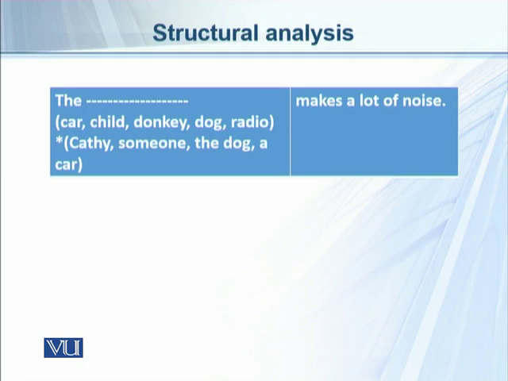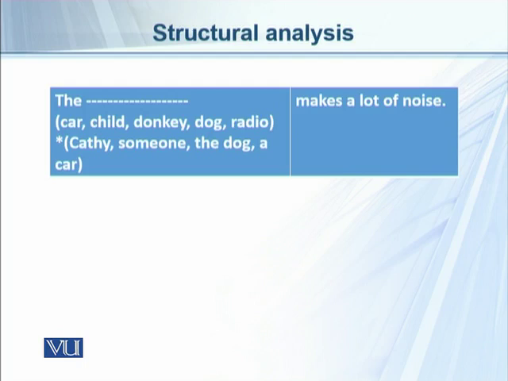Similarly, "the someone" does not fit into this frame. "The dog," we cannot bring 2 articles, "a car," nor can we bring "a car makes a lot." So with this exercise, we know what is possible to fit into this frame and what is not possible.